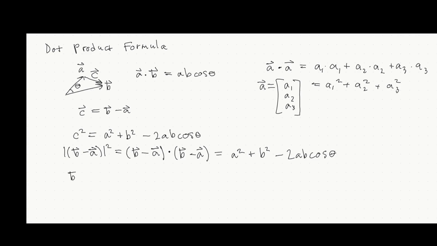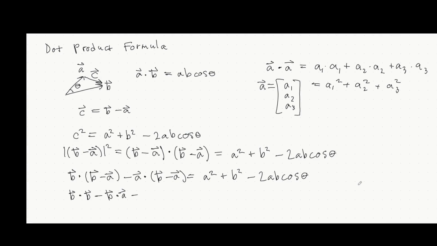So we have B dot B minus A dot B minus A dot (B minus A) equals the right hand side, and then we can distribute again. The first part was linearity in the first argument, and now this is linearity in the second argument, distributing the second dot product. So we have two minuses, so it's plus.